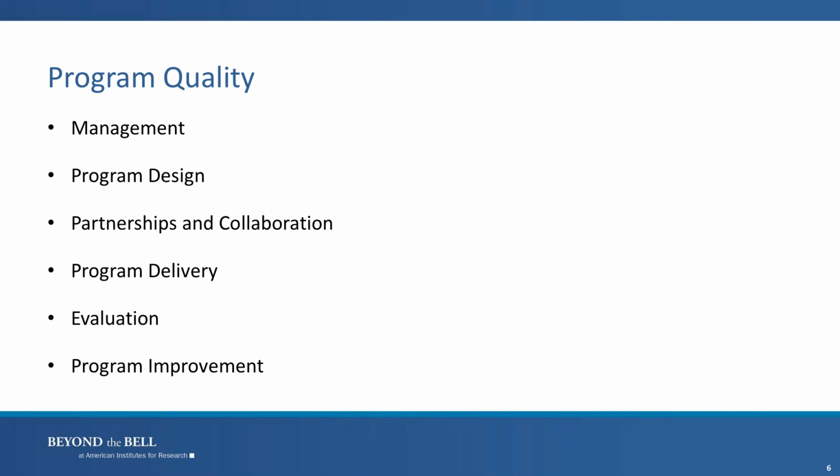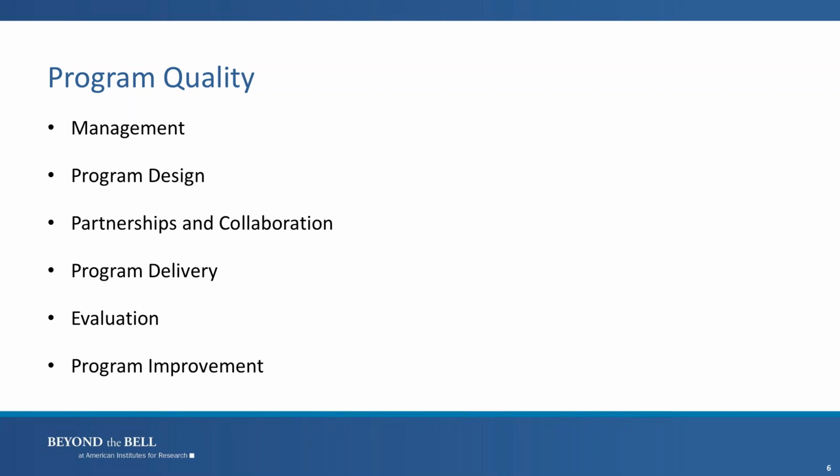Program delivery then takes into account elements of how the program functions and is concerned with the alignment of the program plan and the program activities with the program's goals and intended outcomes.